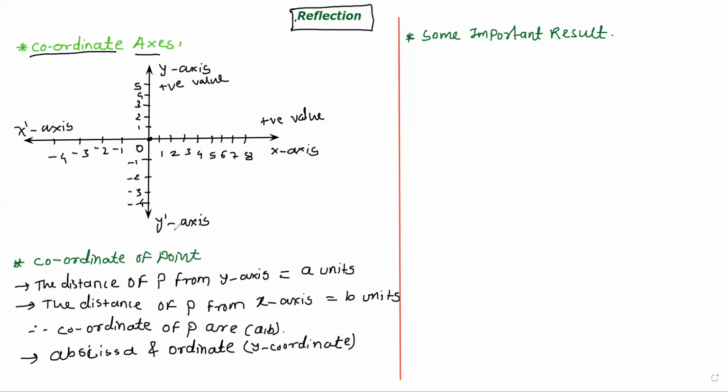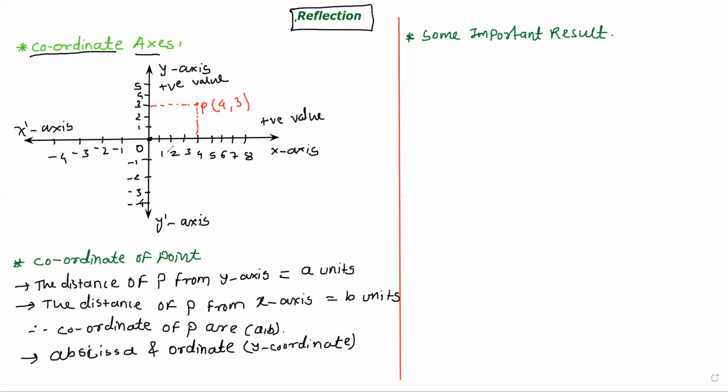After the coordinate axes, the next topic is the coordinate of a point. For example, if I consider this as my point P, on the x-axis its position is at 4, and on the y-axis its position is at 3.